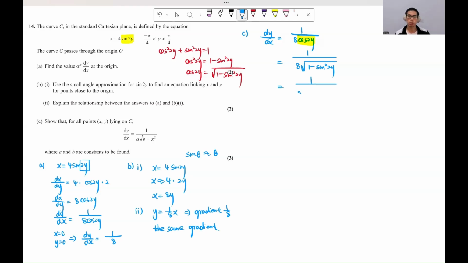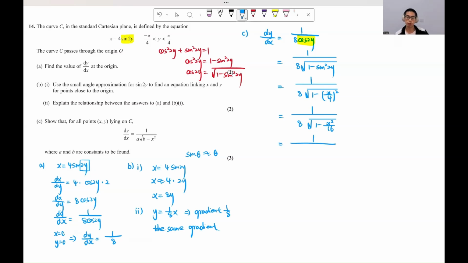So that would be 1 over 8 times the square root of 1 minus (x over 4) squared. Simplifying from here, we have 1 over 8 times the square root of 1 minus x squared over 16. Since in the final answer the coefficient of x squared is 1, they don't want that as 1 over 16.